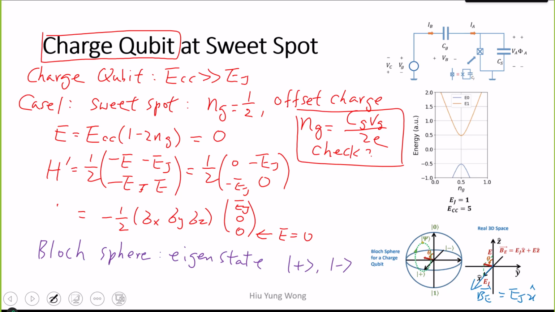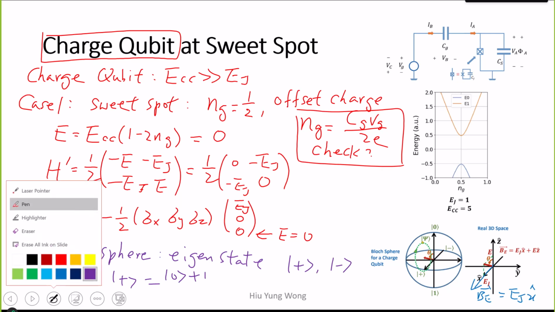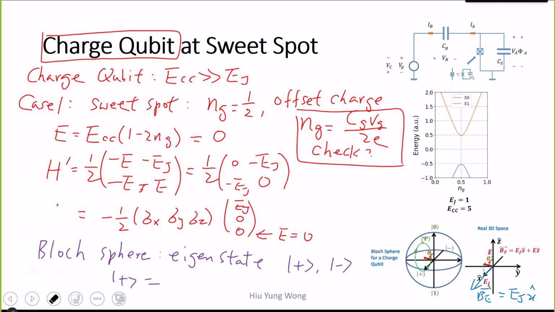What is plus and minus, by the way, here? Plus is n equal to 0 plus n equal to 1, divided by square root 2, and minus is n equal to 1 minus n equal to 0, divided by square root 2.